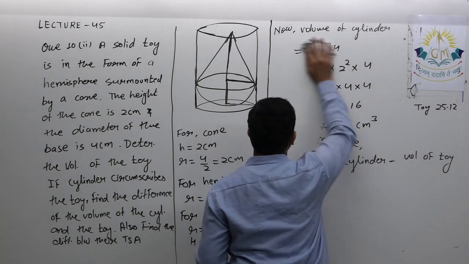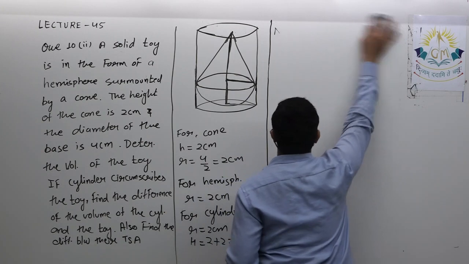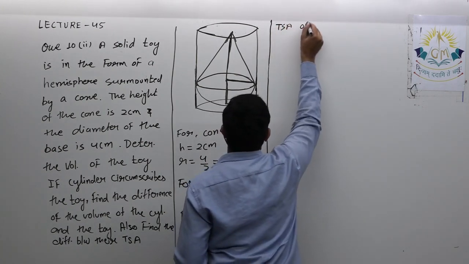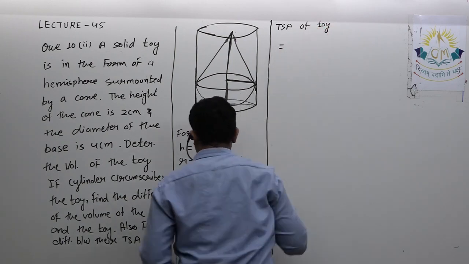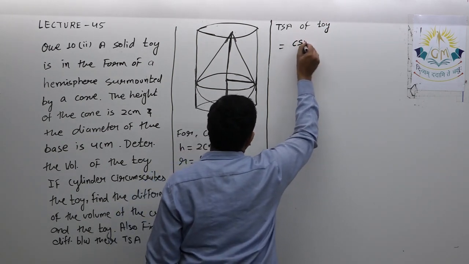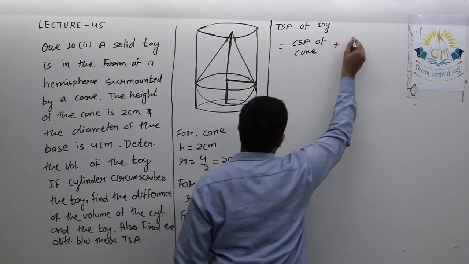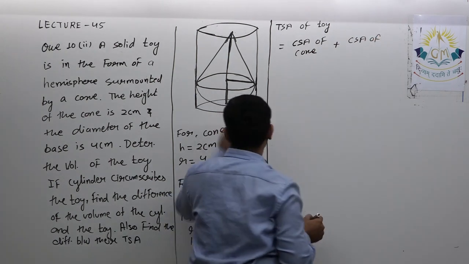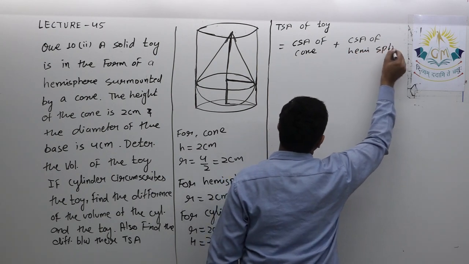First we'll find the total surface area of toy. TSA of toy, what will it be? To get the TSA of toy, you need CSA of cone plus CSA of hemisphere.